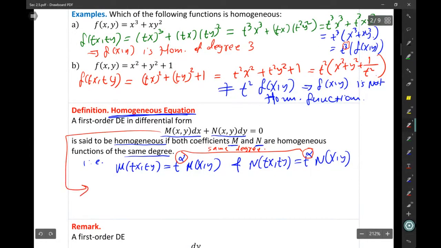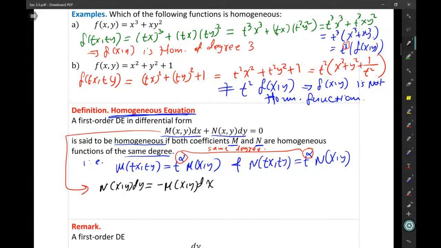Now this equation here can be rewritten as بنقدر نكتبها على الشكل التالي n of xy dy بتساوي minus m of xy dx.